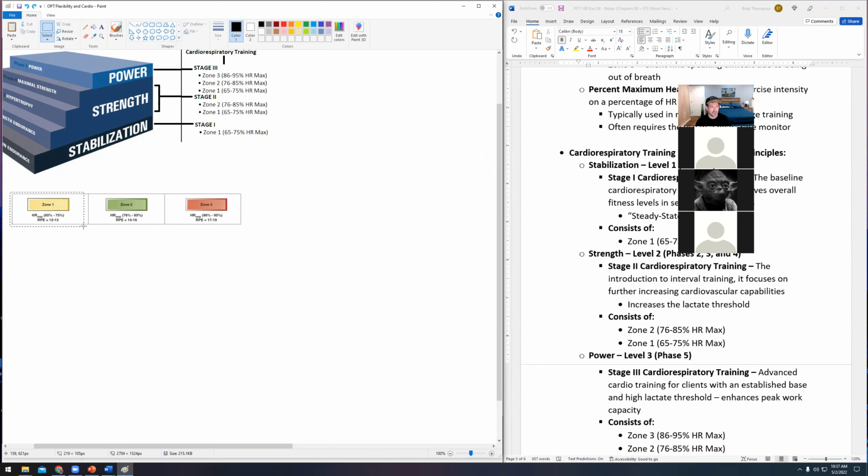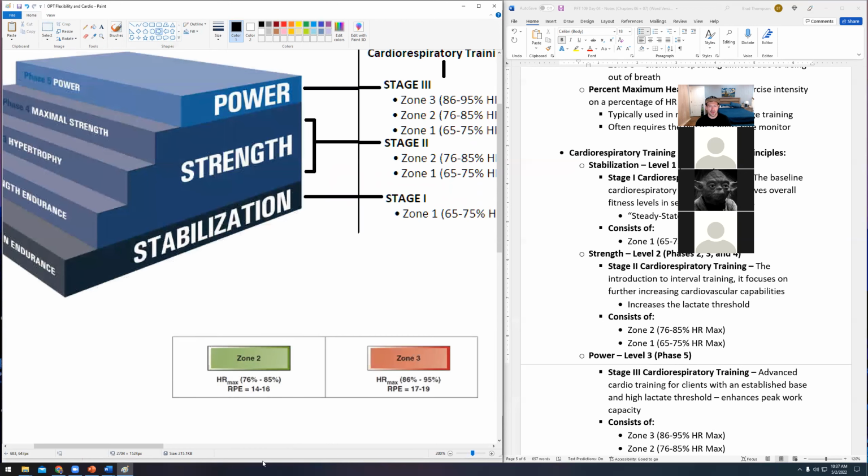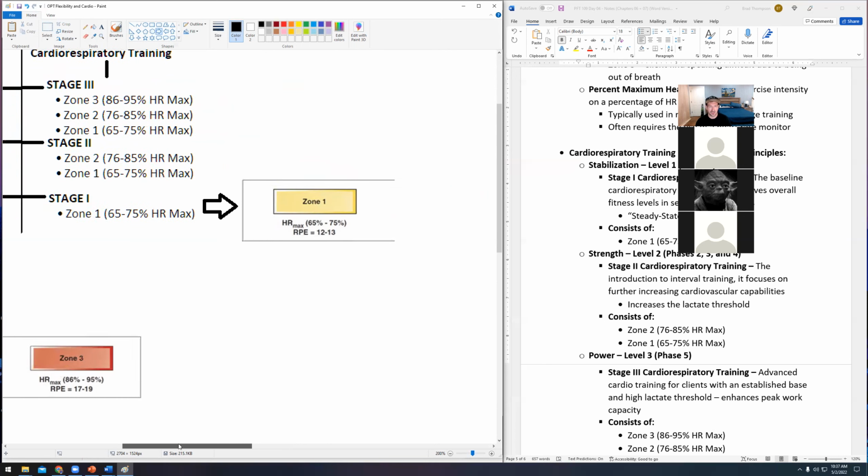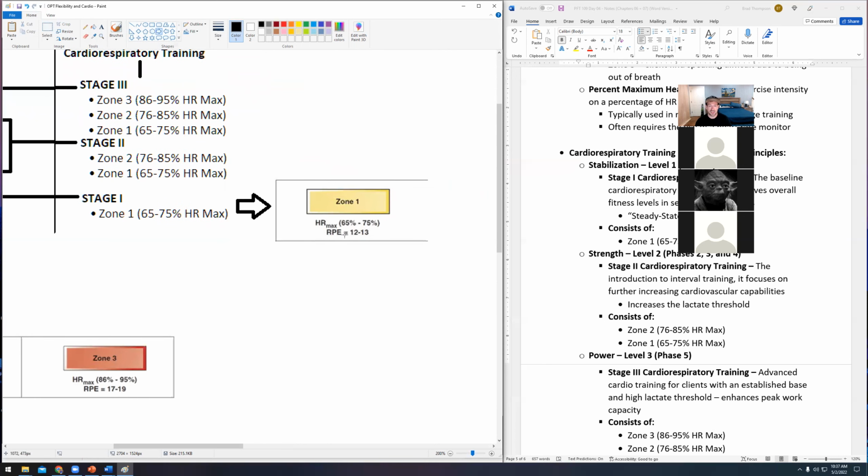So if your client's in the stabilization level, guess what? We are primarily focusing on zone 1. And zone 1 is either going to be 65 to 75% of your heart rate max, or it's going to be an RPE of 12 to 13 on the RPE scale.